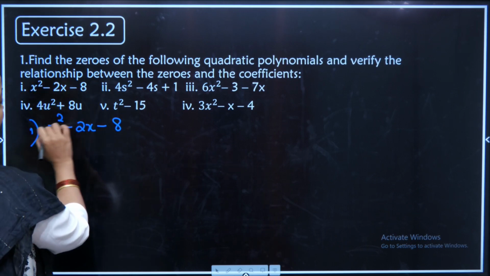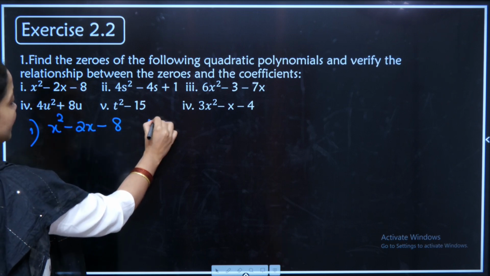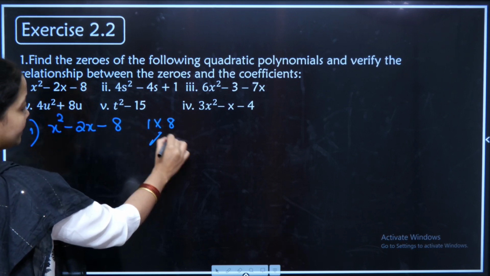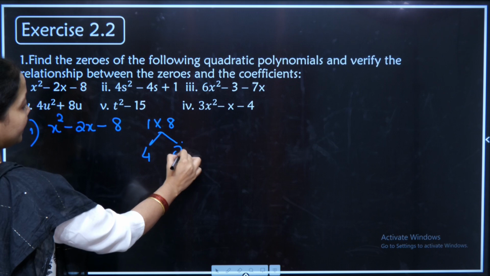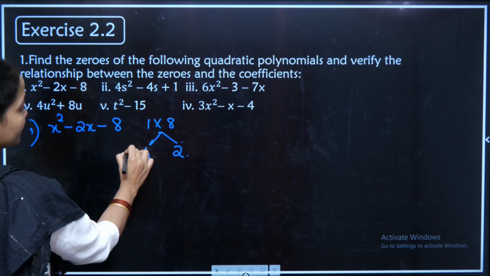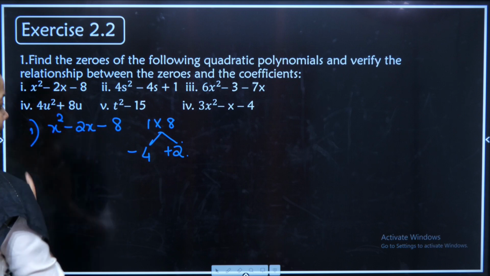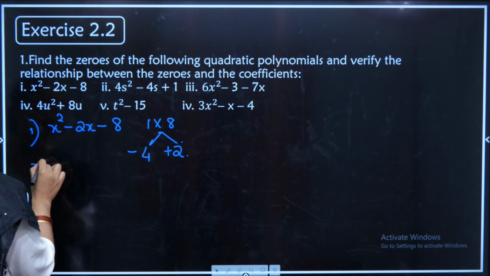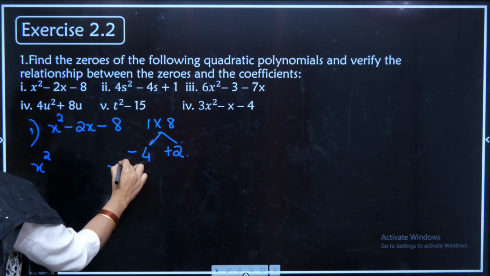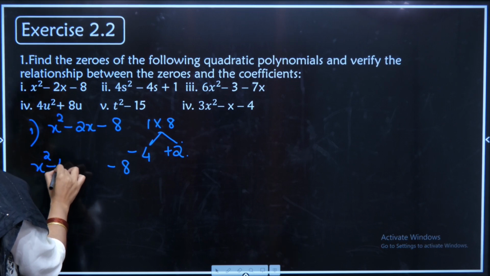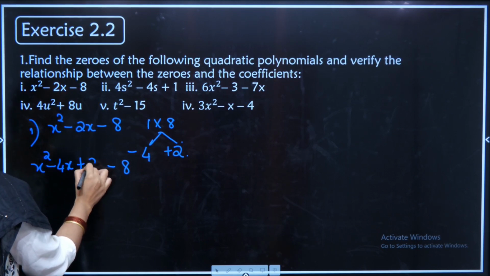Therefore, first I have to multiply a and c, which is 1 into 8, and split this. 4 twos are 8. I need negative 2. So, minus 4 plus 2 is giving me minus 2, which is the middle term. I'll write the first term as it is, last term as it is. Instead of the middle term, minus 4x plus 2x.